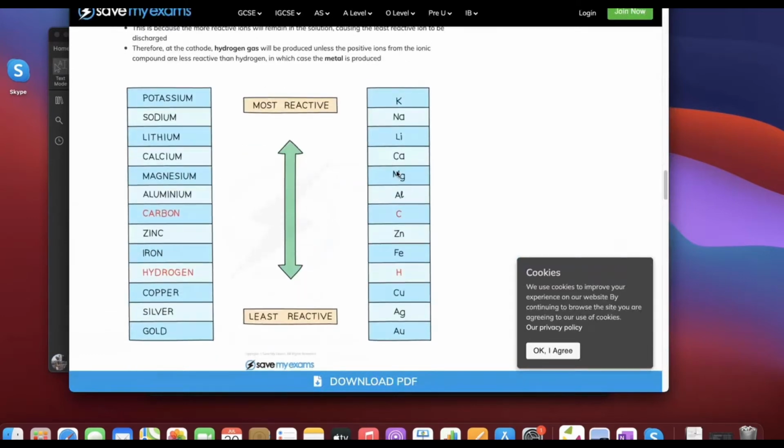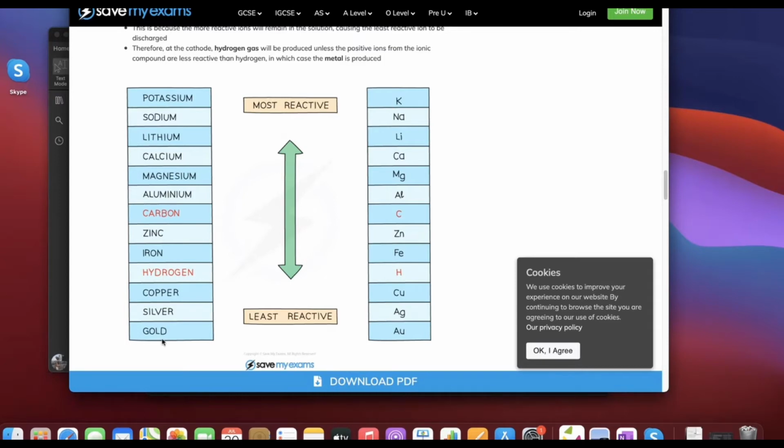The Electrochemical Series actually. Okay, so we have the arrangements of the elements here from the most reactive to the least reactive. Okay, so potassium, sodium, lithium, calcium, magnesium, aluminium, carbon, zinc, iron, hydrogen, copper, silver, gold.